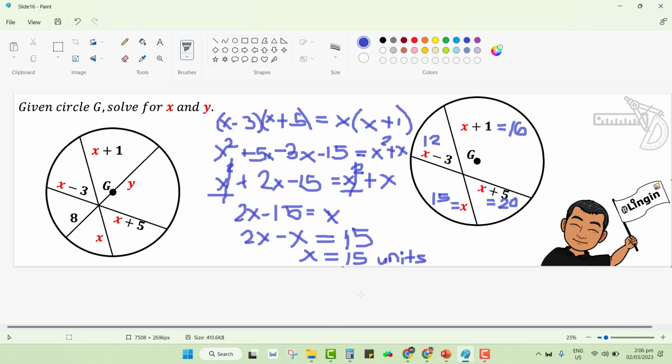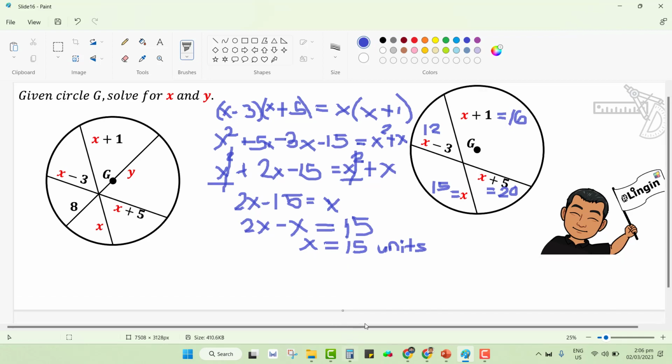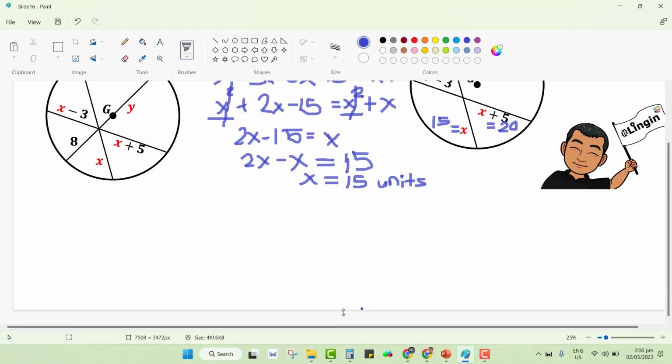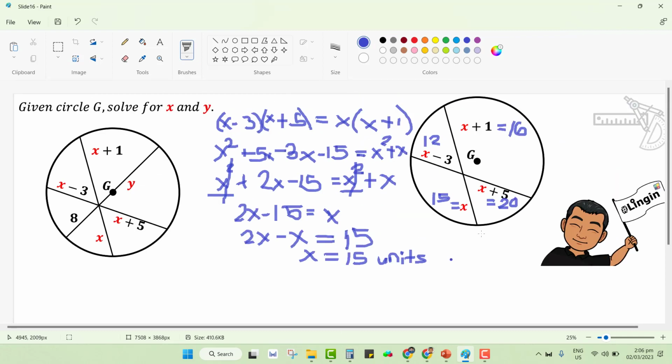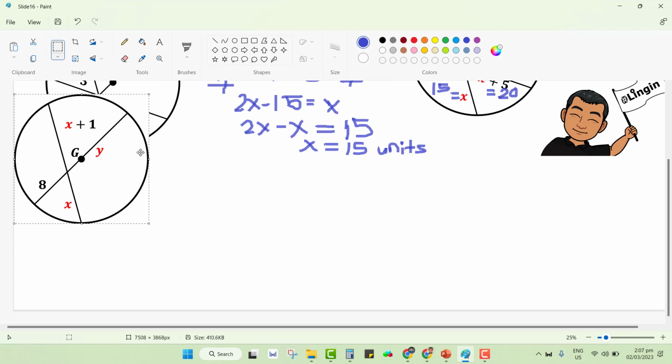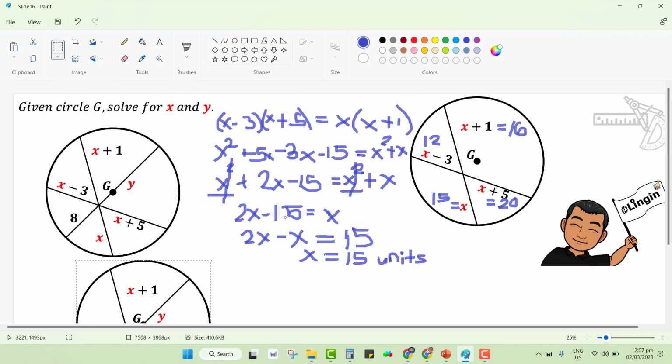We are going to use this to solve for y, since x is already given. Now it's up to you which measurements you are going to use, whether you would like to use this measurement or that measurement, because it also follows the chord-chord power theorem. Just for the purpose of solving y, let us use this second figure, where I chose the value of x and x plus 1.